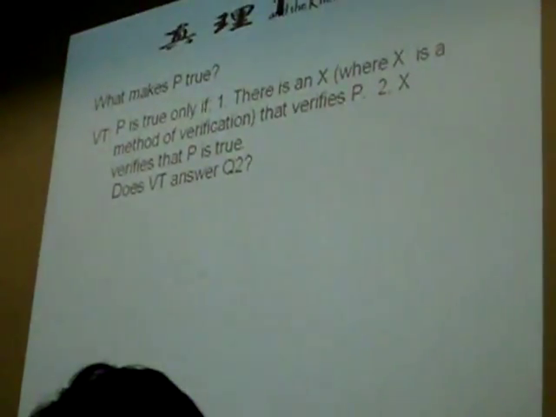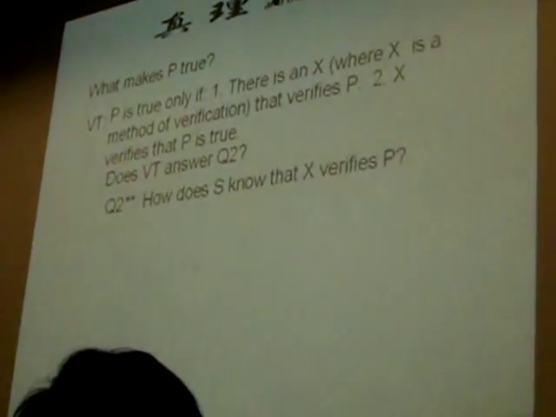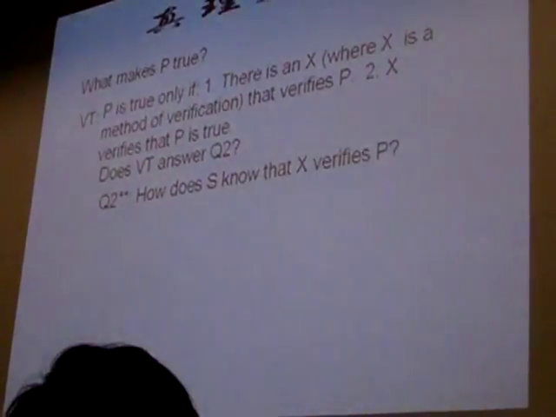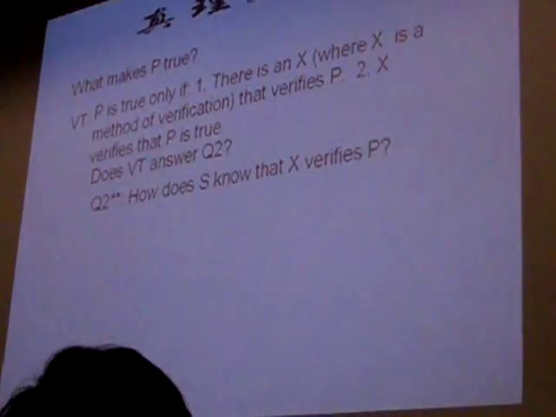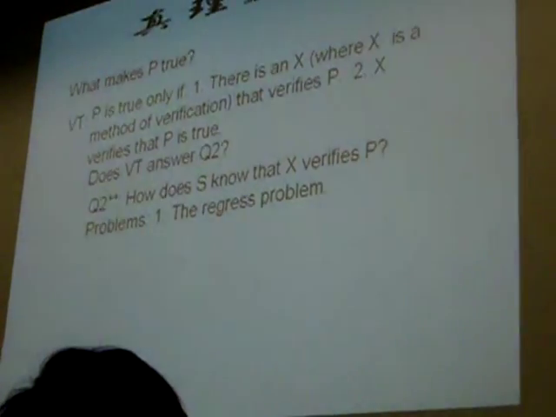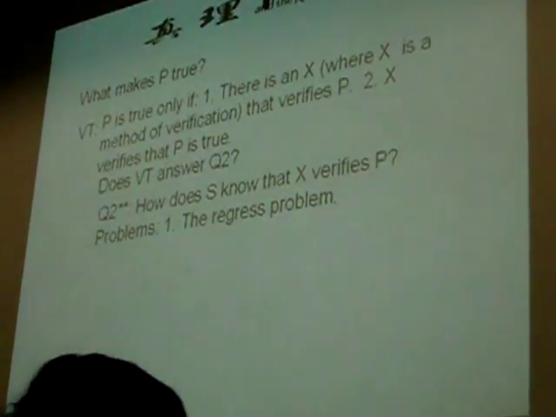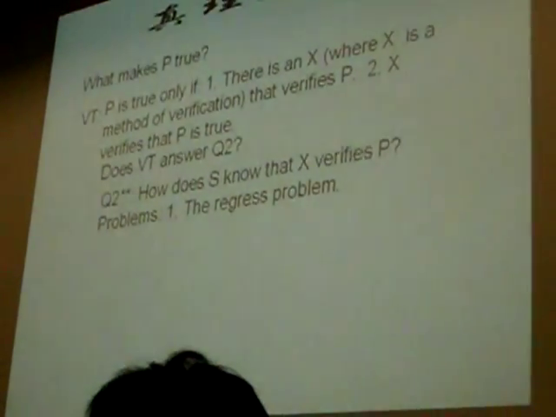Okay, but again, does VT answer Q2? What again is Q2? How does S know that P is true? Let's reformulate Q2 using the criterion of VT. Reformulation goes, how does S know that X verifies P? Now we have two problems here. The first problem is this: if you try to answer this question, it ultimately leads to regress.